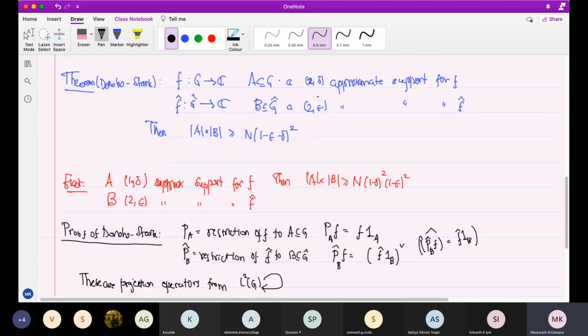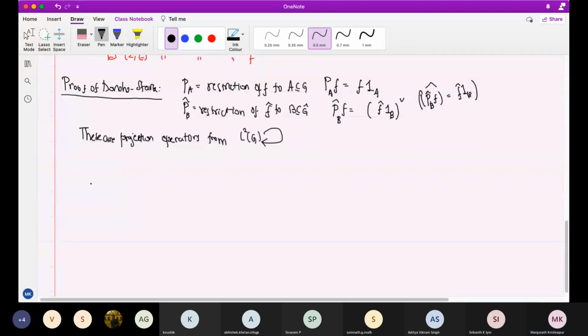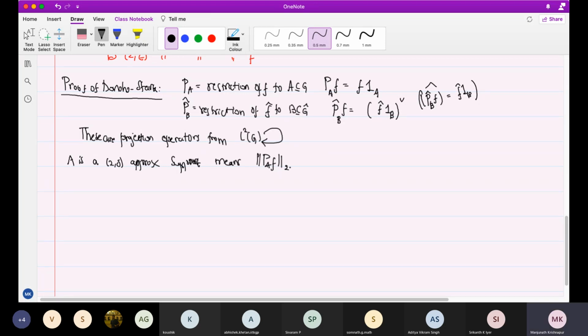A is a 2 delta approximate support means the L2 norm of P_A f is greater than or equal to 1 minus delta times the L2 norm of f.